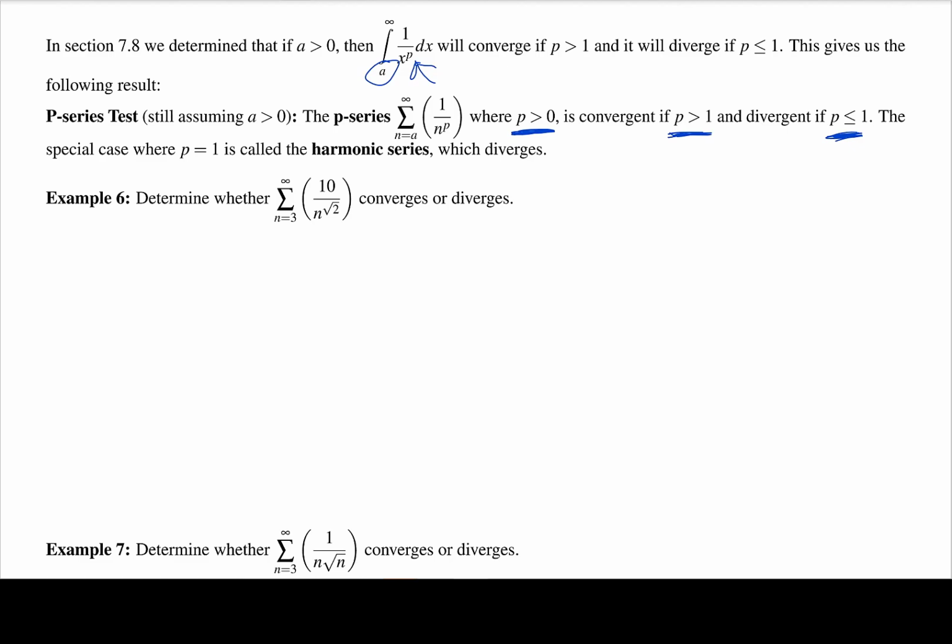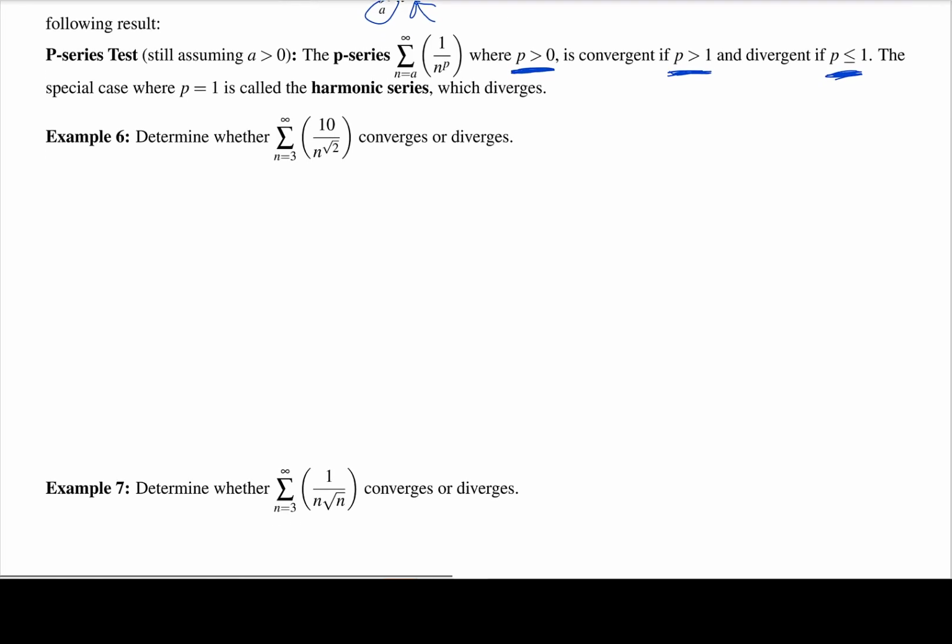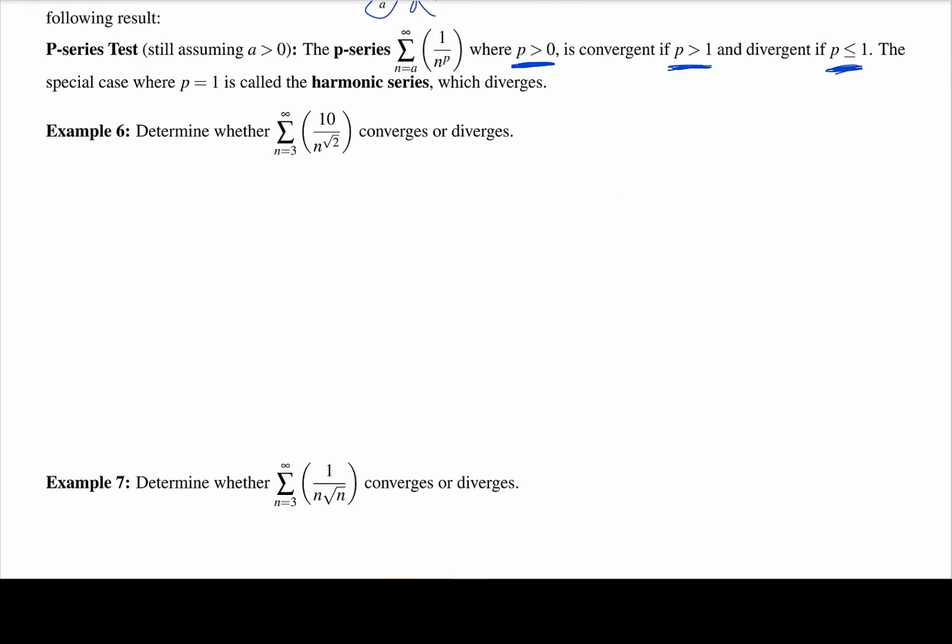So for example, here, what I'm going to do is I'll turn this sum into 10 times the sum as n equals 3 to infinity of 1 over n to the square root 2. So here's the things I need to verify. My a value is greater than 0, so we're good there.